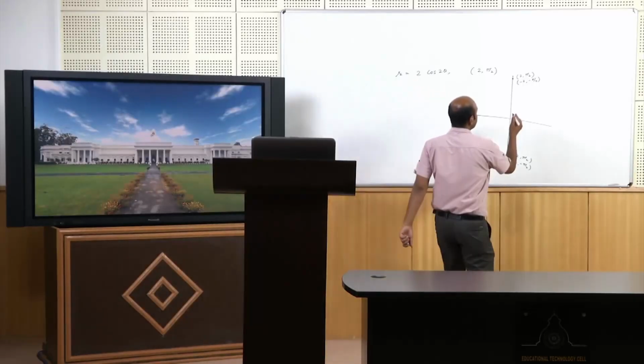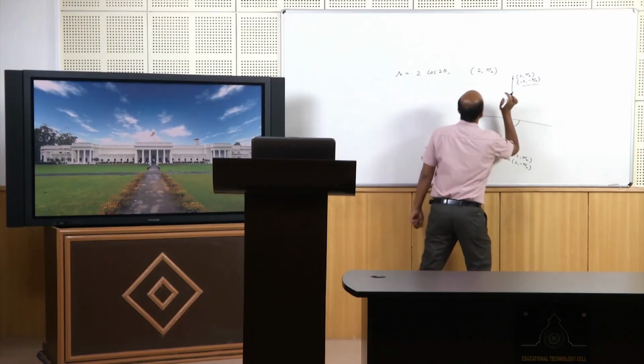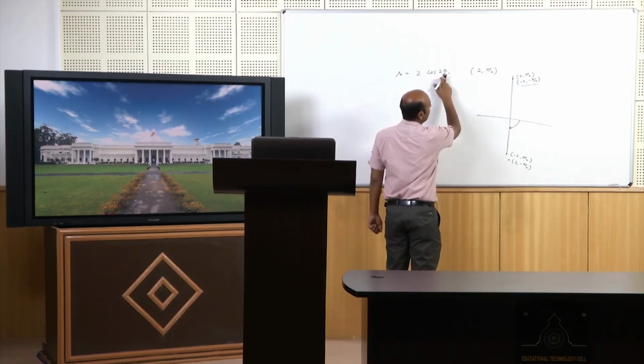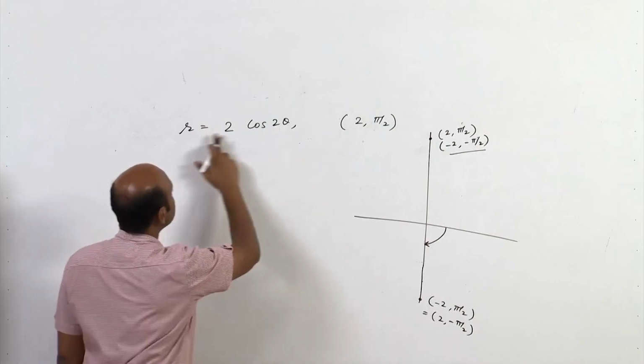Now this representation, which is a representation of the same point, when you substitute theta equal to minus pi by 2, it is cos minus pi, which is minus 1, and hence r is minus 2.